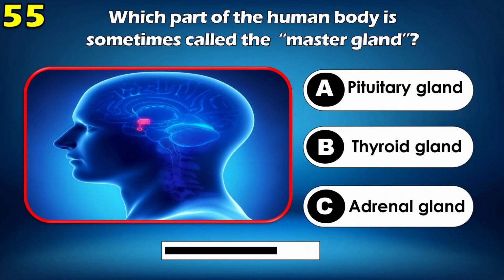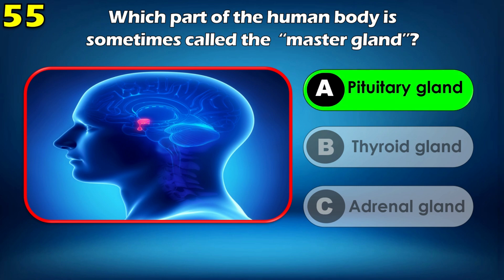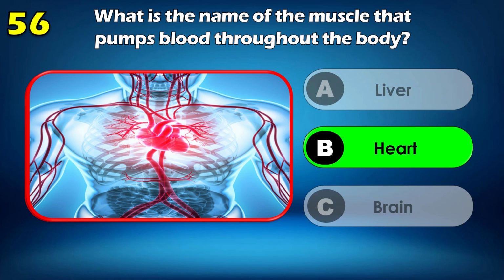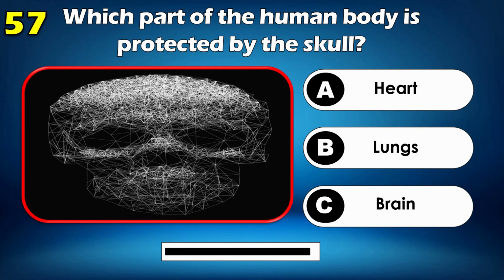Which part of the human body is sometimes called the master gland? Pituitary gland. What is the name of the muscle that pumps blood throughout the body? Heart. Which part of the human body is protected by the skull? Brain.